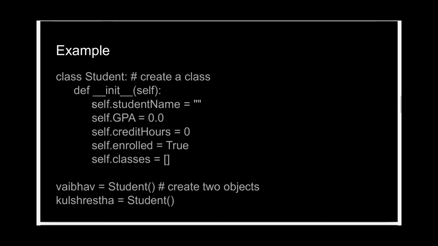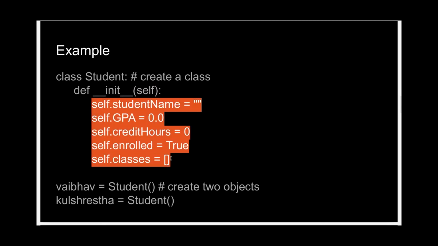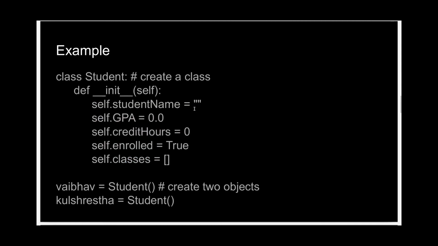Here I'm initializing five member variables of this class: student name, GPA, credit hours, enrolled, and classes. Student name, I'm giving it a value of an empty string initially, GPA set to 0.0, credit hours 0, enrolled I'm setting as true initially, and classes is an empty list for now.